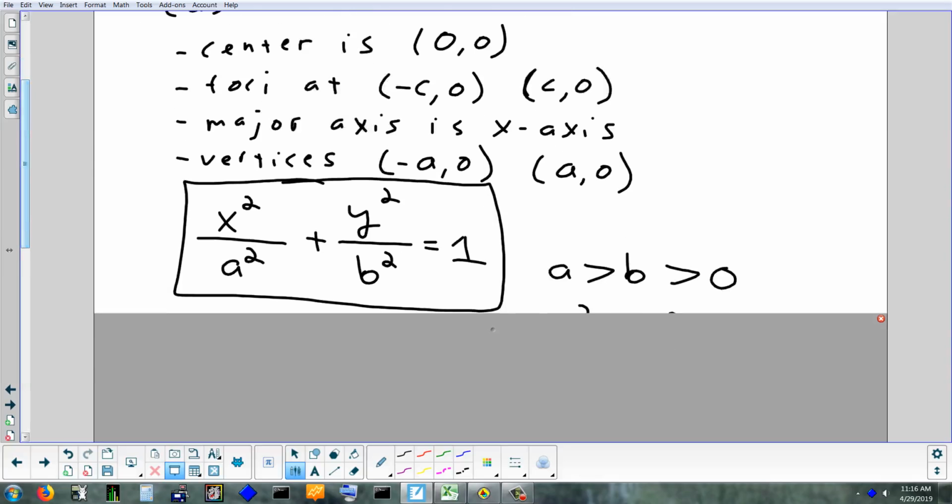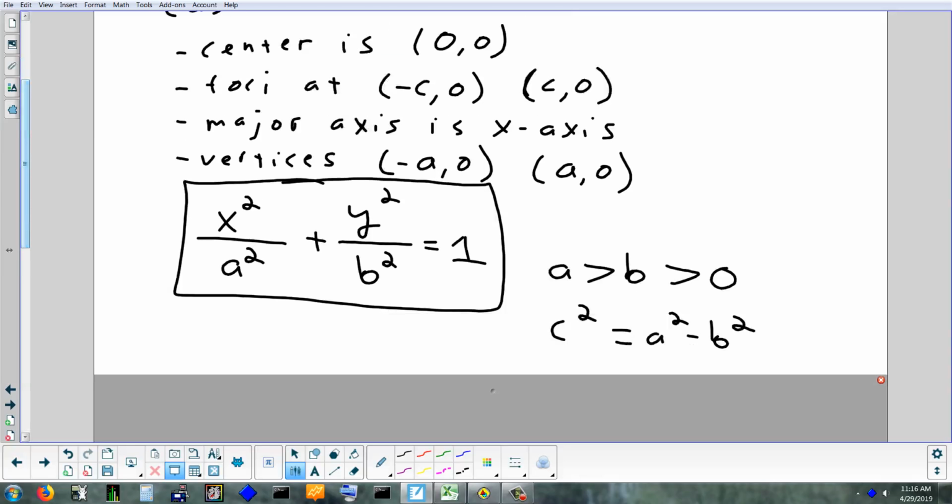So there's A, there's B. Now, the problem is the foci use this letter C. Well, I didn't write anything about C until I put up that formula. So that's a formula that gives us a connection between A, B, and C. That's important because if we only know 2 out of the 3 letters, that's okay.